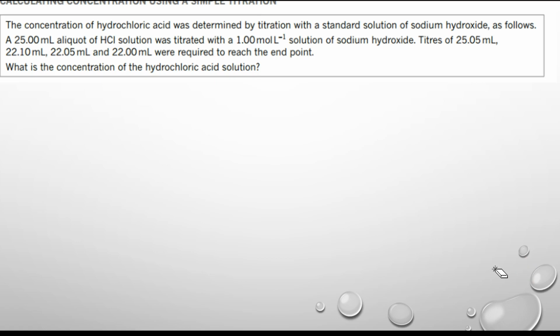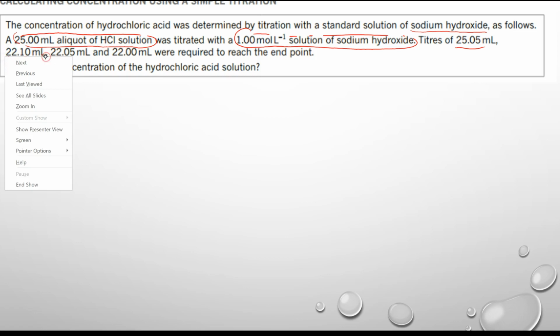So here, we've got the concentration of hydrochloric acid was determined by titration with a standard solution of sodium hydroxide. Now, we are putting 25 mLs of HCl into our conical flask, and it was reacted with a 1 molar solution of sodium hydroxide, and the titers, which is our amount that was used in the titration, was 25.05, 22.10, 22.05 and 22 mLs required to meet the endpoint.